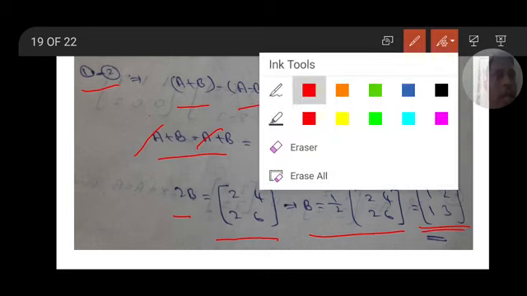To get A we add 1 and 2, B cancels and we get 2A; if we subtract 1 minus 2 we get 2B, that is the B value.